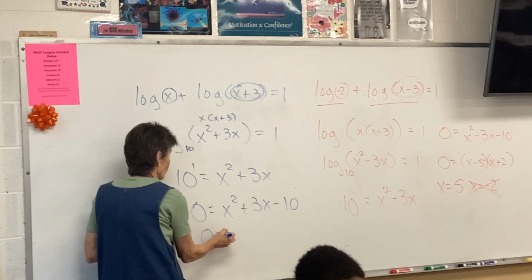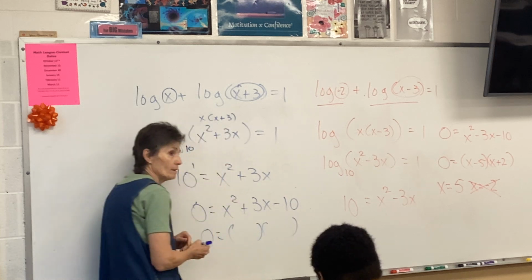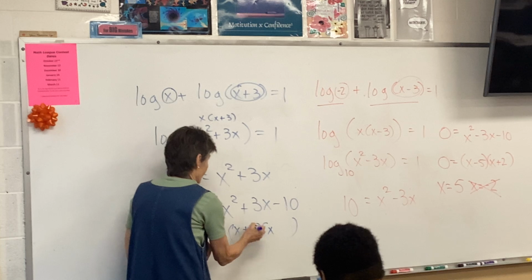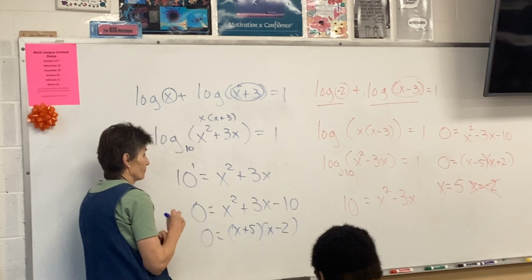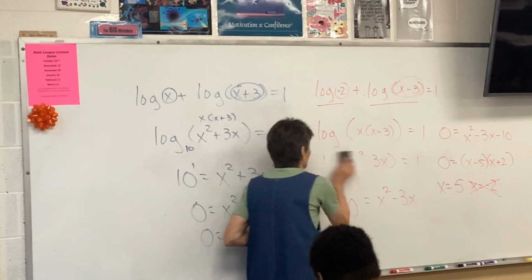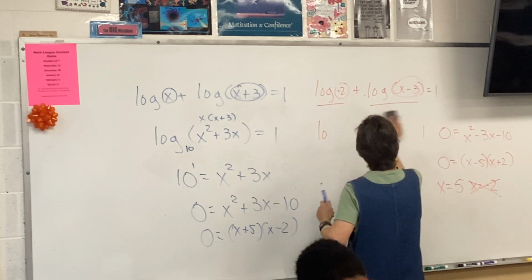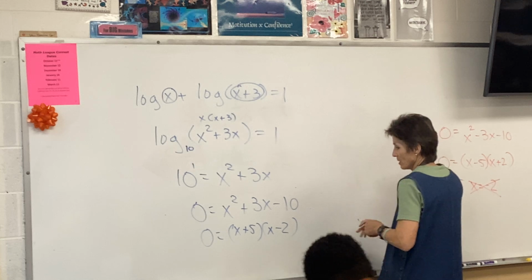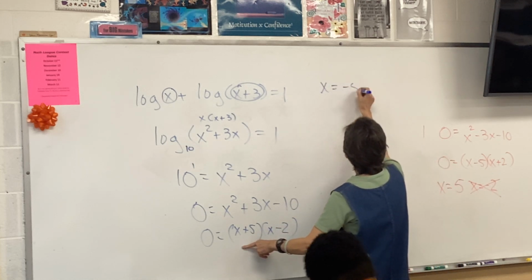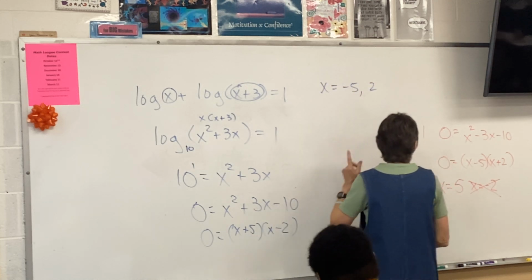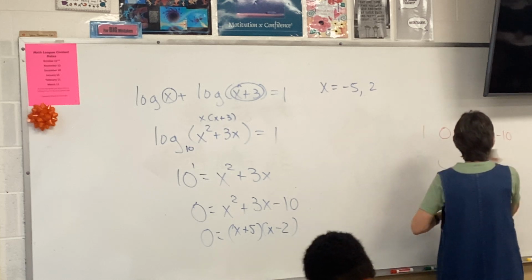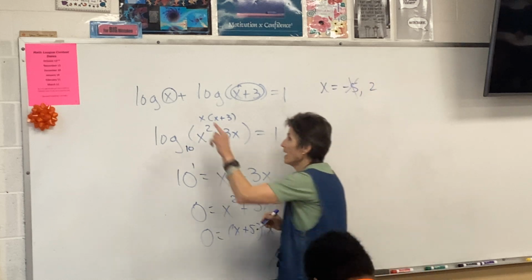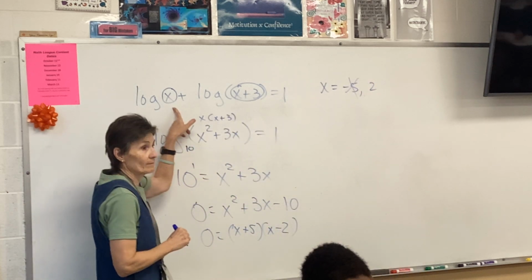And either use the quadratic formula or factor. And what are our answers this time? Our answers are -5 and 2, except what? Just like before, we're going to have to get rid of the -5 because we can't take the log of it.